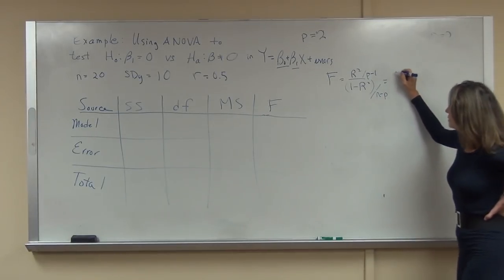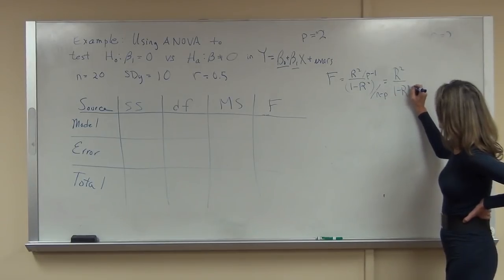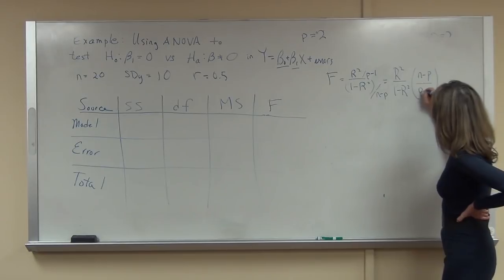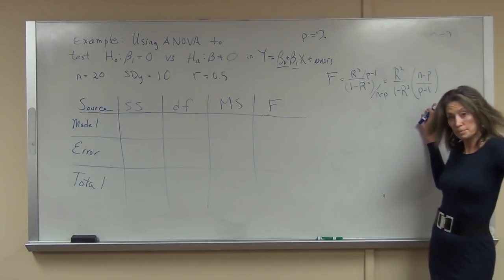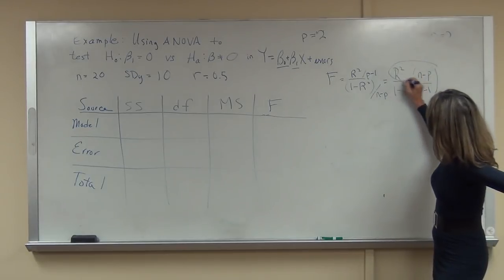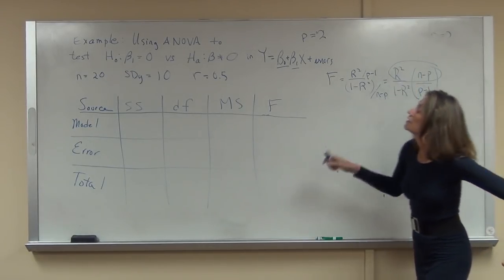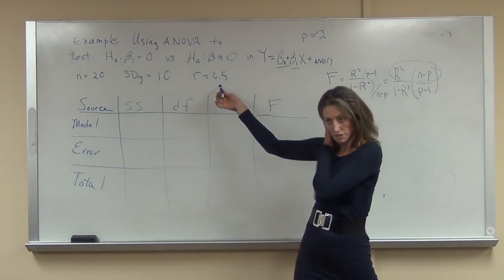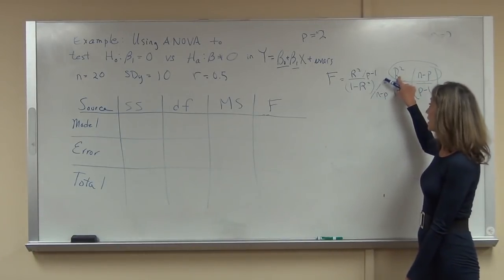So that's the same thing as r squared over 1 minus r squared times n minus p over p minus 1. And the reason I like to look at it this way is because it's so easy to remember. Because right here, this shows you the strength of the model. The stronger your correlation coefficient is, the better your model. The higher this is.